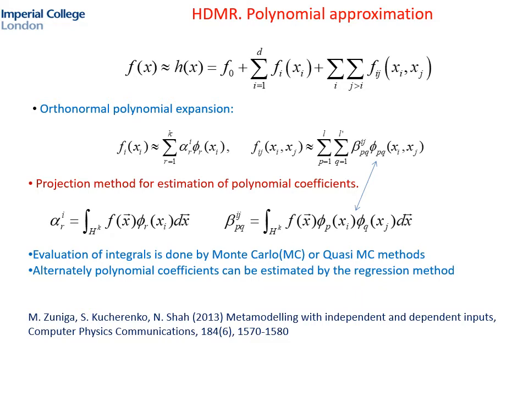The coefficients of these decompositions can be obtained either by using the projection method, given here in the form of integrals which are evaluated by using Monte Carlo or quasi-Monte Carlo methods, or these coefficients can be estimated by the regression method. The details of this method are given in this publication.